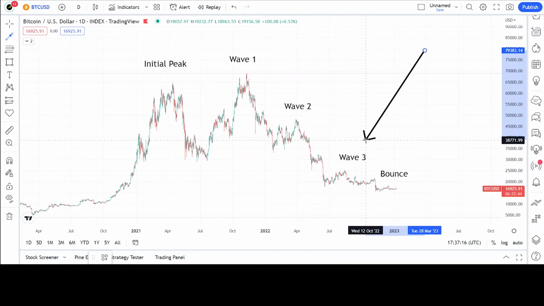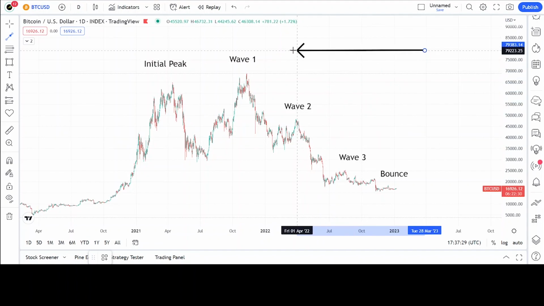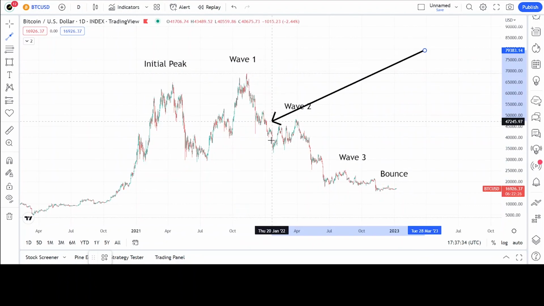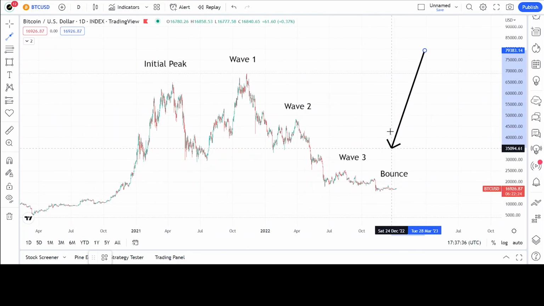Now, in these structures, there are always three waves down to a capitulation point, whether it's a pattern A or a pattern B. Sometimes they resemble more bounces, going sideways and bouncing, and sometimes they resemble a downward kind of stair type thing like this, as we see here.